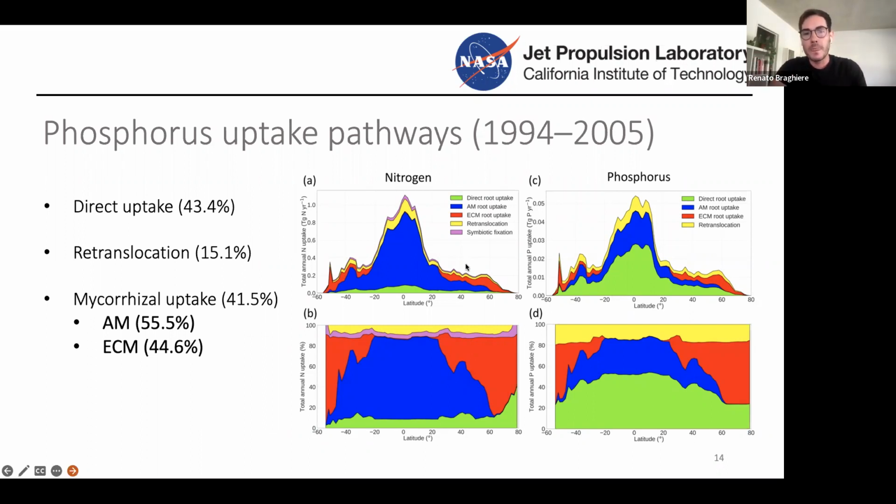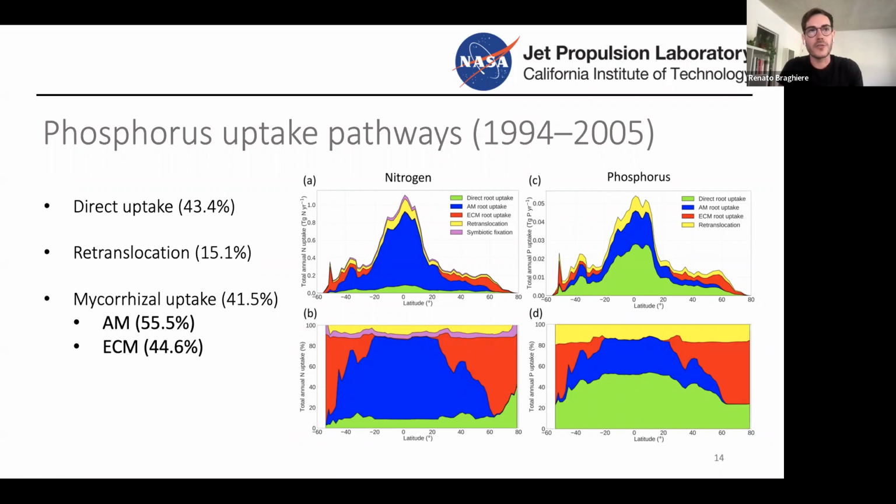For example, the red area shows ectomycorrhizae and the blue area arbuscular mycorrhizae. And we can see how mycorrhizal associations are very important for nitrogen uptake. Now for phosphorus, we see how direct root uptake and the other pathways have kind of a split importance.